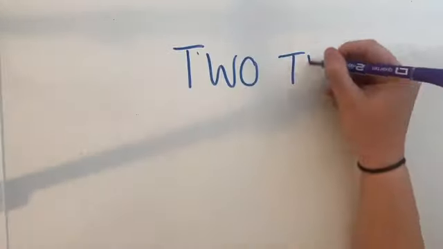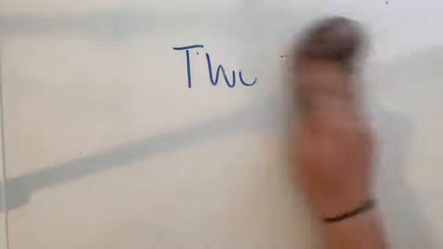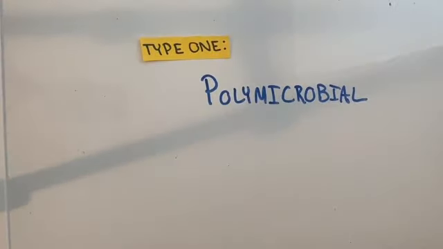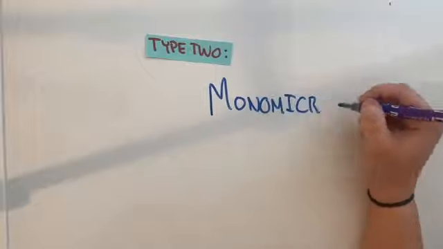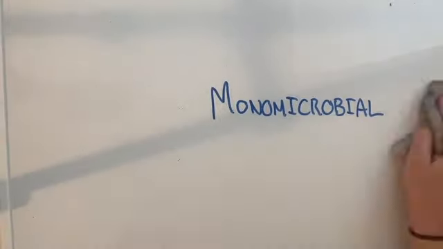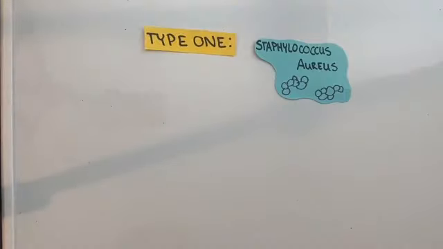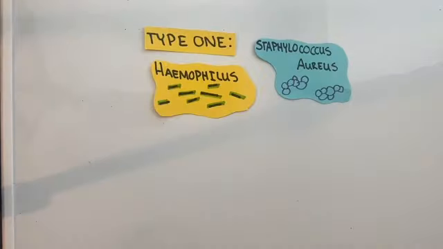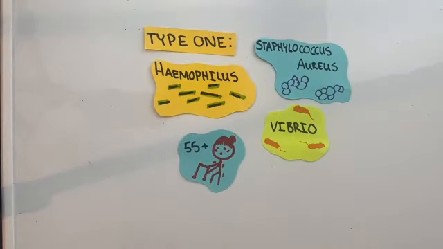There are two types of necrotizing fasciitis: polymicrobial, also called type 1, and monomicrobial, also called type 2. Type 1 is caused by Staphylococcus aureus, Haemophilus or Vibrio, and is usually seen in older patients or those who have diabetes mellitus.